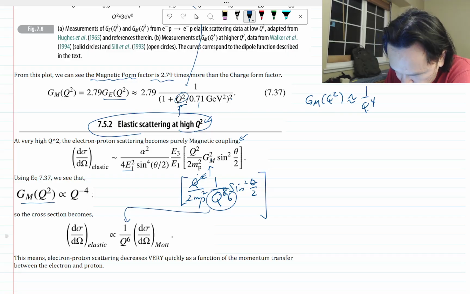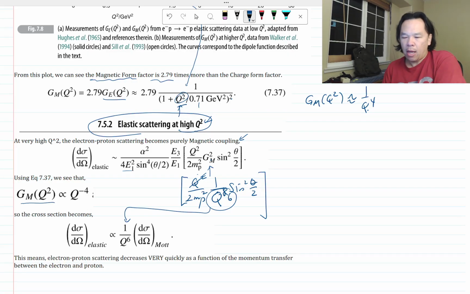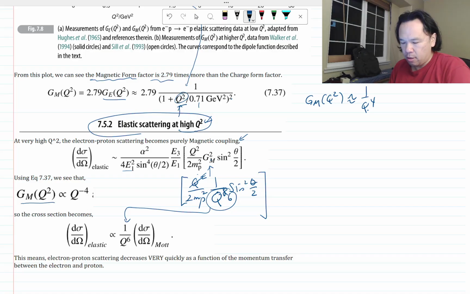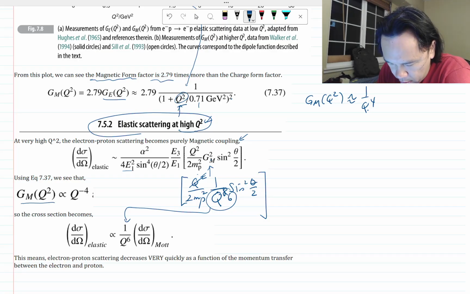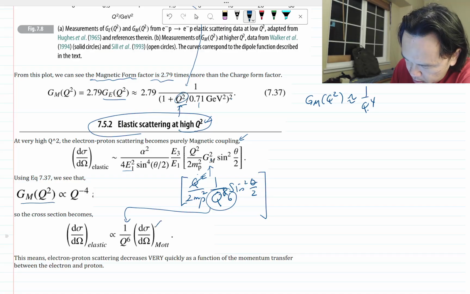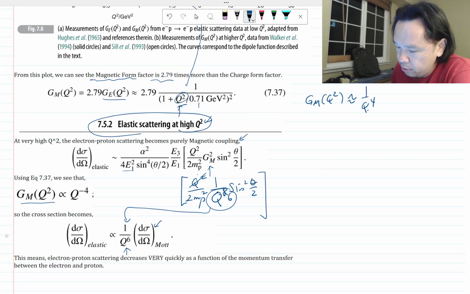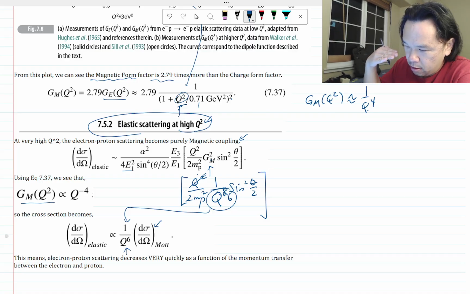So when we're doing high energy, high Q squared, in other words, the electrons coming back at a large angle, the cross-section basically becomes the Mott cross-section, but with an additional factor of 1 over Q to the 6th power.